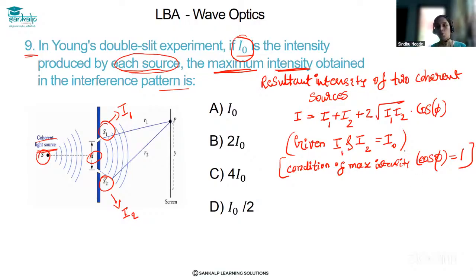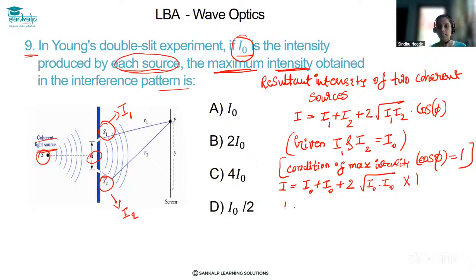Now substitute all these things in this main expression. I is equal to I1 plus I2, which is I0 plus I0, plus 2 square root of I0 into I0, and cos phi value is 1.